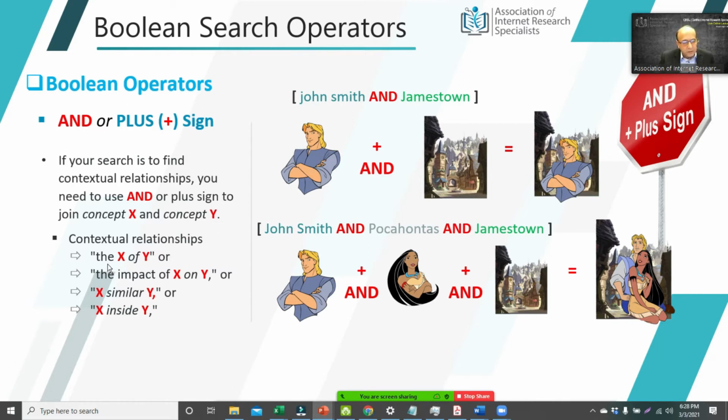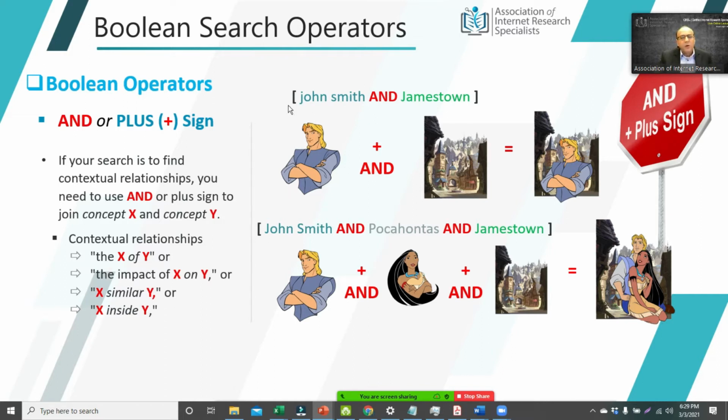So the context would be the X of Y, or it could be the impact of X on Y, or X similar to Y, or X inside of Y. Now, these are more algebraic concepts, and if I have to think of it as a logic that is built just by putting a plus or an AND, it's a relationship that gets created not just as a plus sign, but as is mentioned here, the X of Y.